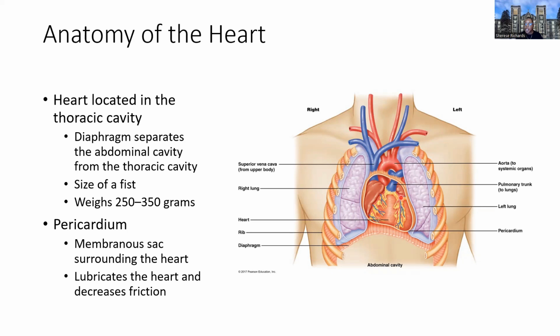Okay, so the pericardium, which is external to the heart, this layer about here, is essential to the overall functioning of the heart. It helps to maintain a little bit of the pressure on the chambers as well to help them eject blood efficiently and effectively.